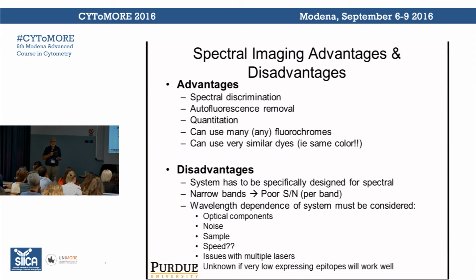You have to have enough bands in the width of signal that you can collect between your laser excitation that you can collect a number of bands. And there may be noise issues that you have to deal with. It may be a little slower. You may have more complexity with multiple lasers. So I'm not suggesting that there aren't complications like there is with any technology, but many of those can be overcome.